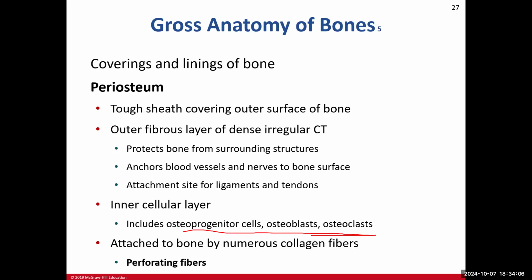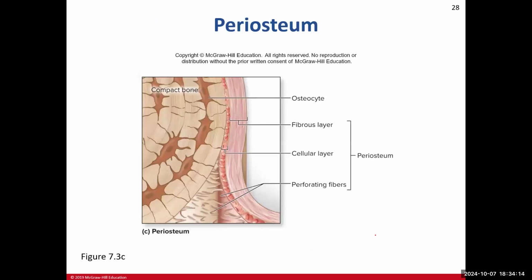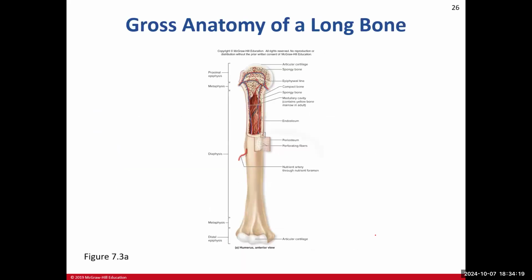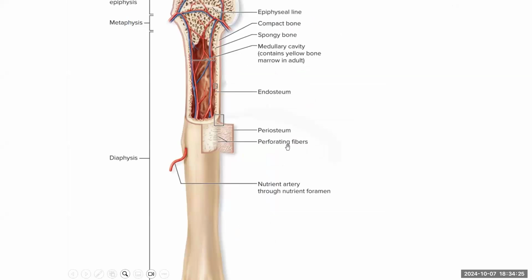And then we also have to attach that periosteum to the bone itself. What you saw in the previous picture were these little spiky, spindly looking things. Those are called the perforating fibers, also known as Sharpey's fibers.